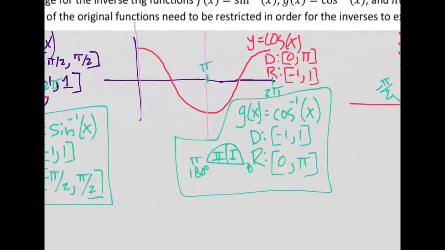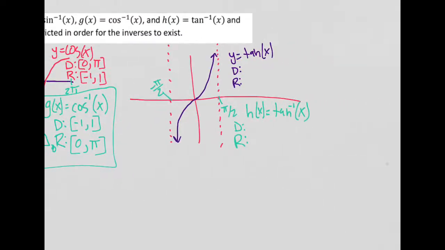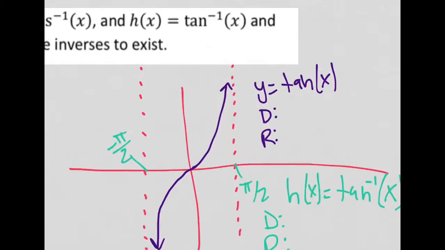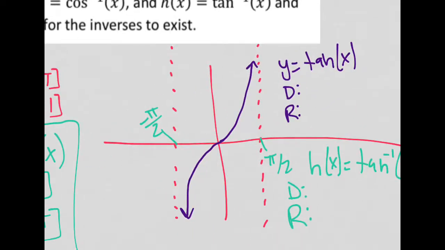And let's look at the third one, tan inverse of x. Well, I only drew one right there. I could continue drawing more of these forever, because remember that's what the tangent graph looks like. But this domain has been naturally restricted between the asymptotes. So the domain here is negative pi over 2 to positive pi over 2, parentheses not including those asymptotes because tangent is undefined there.